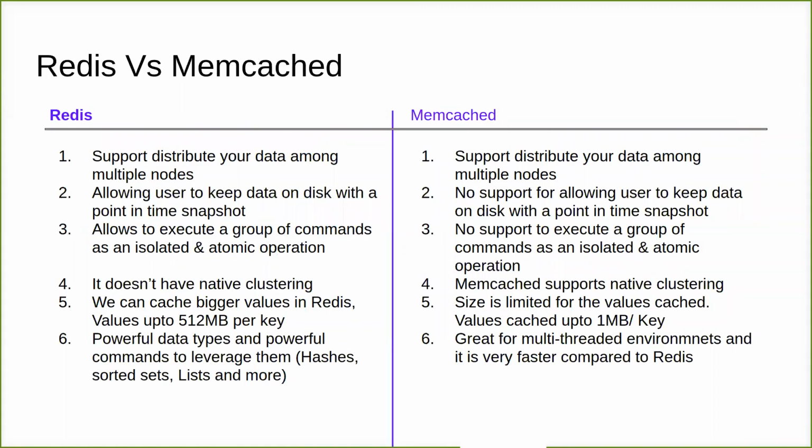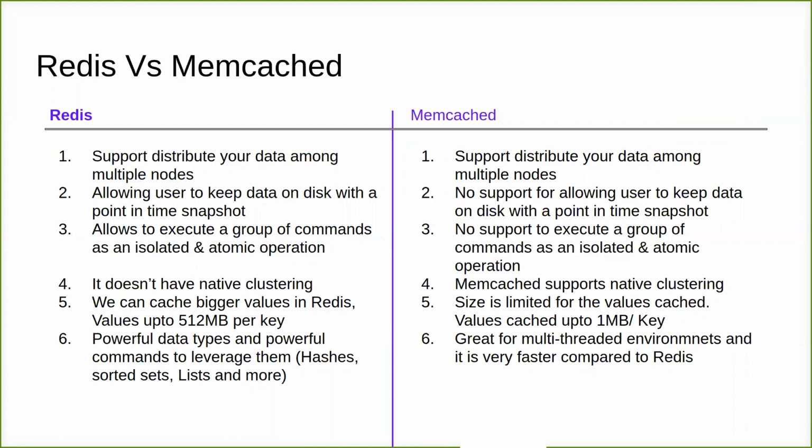So why do we need two types of cache here? The Redis cache and Memcache. Redis cache supports distributing your data among multiple nodes, and coming to Memcache, we can also distribute our data among multiple nodes. The primary differences are: with Redis cache, we can take a snapshot of the data and store it inside a disk.